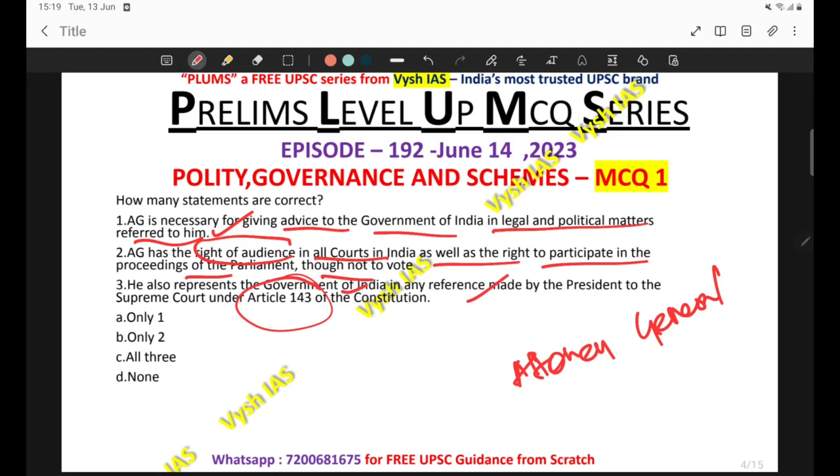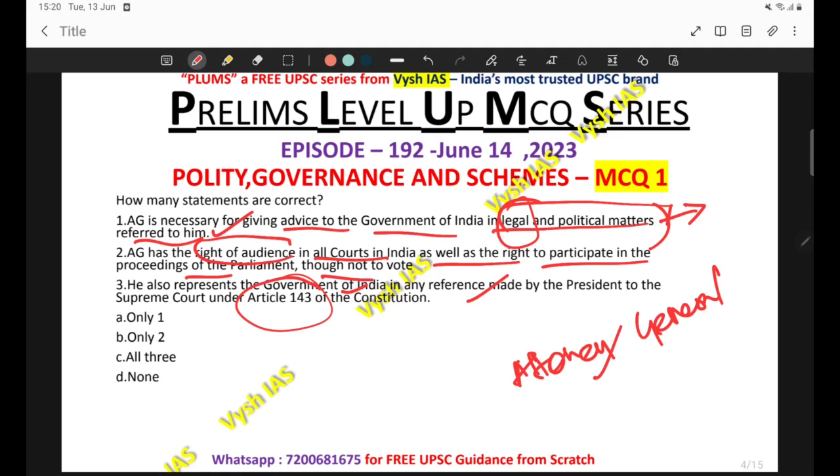Here, please analyze this question, which is a how-many-statements-are-correct question. The first statement is fairly easy, a processable statement, because it says legal and political matters. It is not legal and political matters, it is only legal matters, and this is an important key point with respect to the Attorney General.